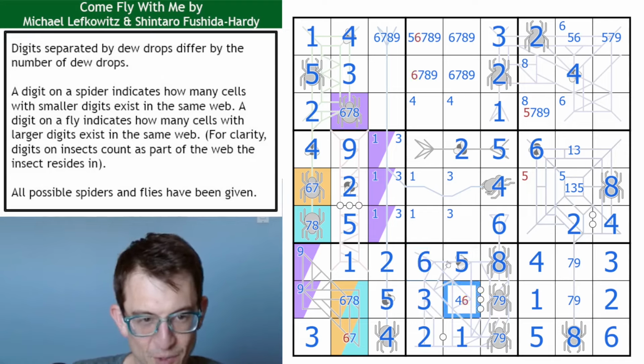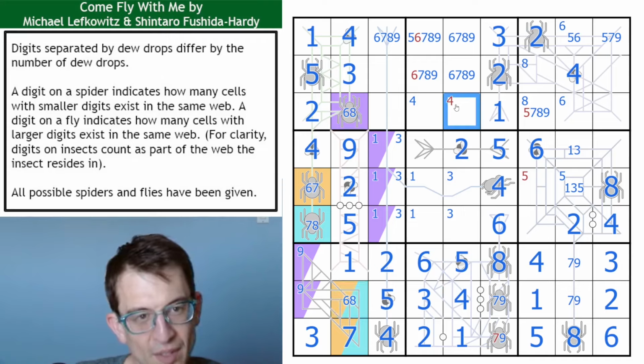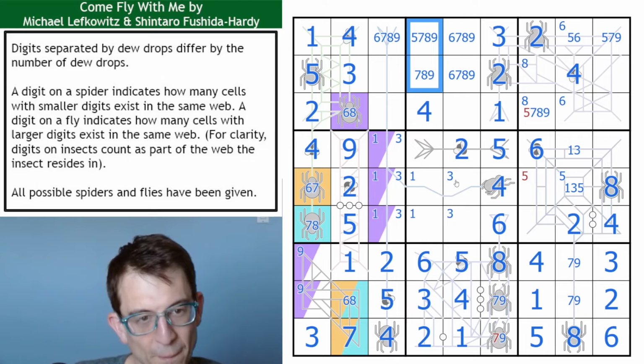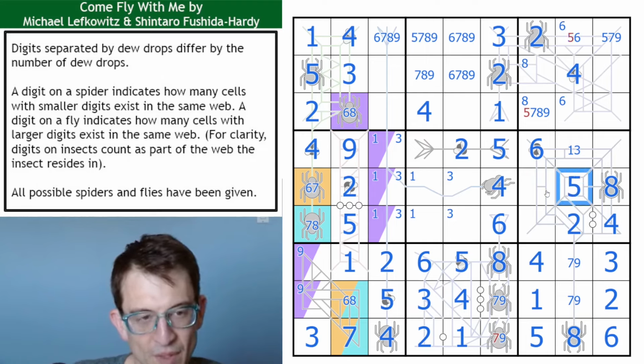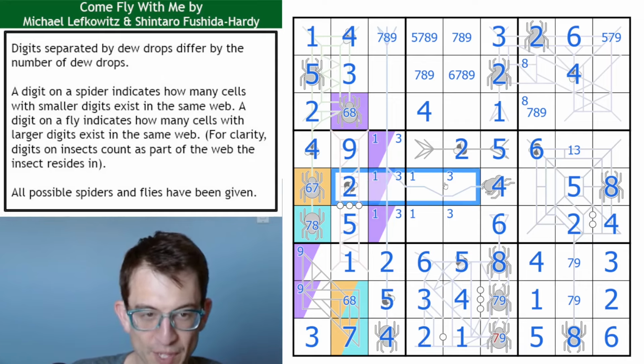I guess that's not a 4. What now? Okay. Then this is a 4 now, so the 3 has to be on here. That's the 3 and not the 1.